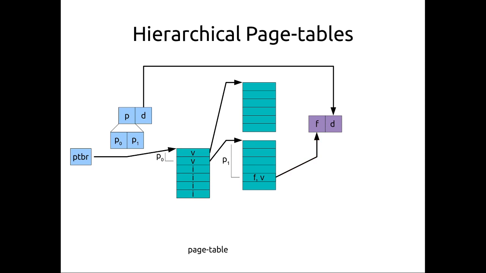If it's valid, then that means that there is a valid second level page table node that is providing the translations for all of its constituent virtual addresses. But we can also set the invalid bit, which means that there is no second level page table node present.